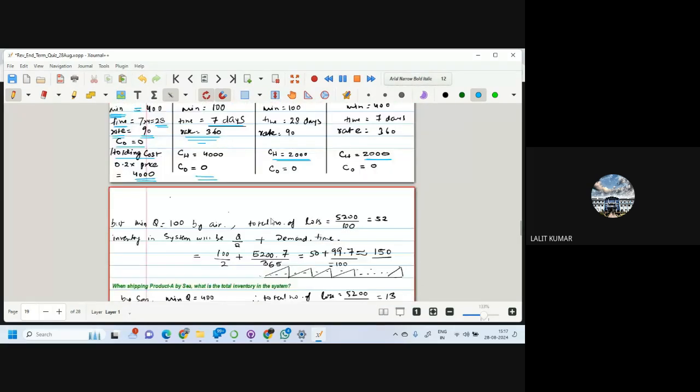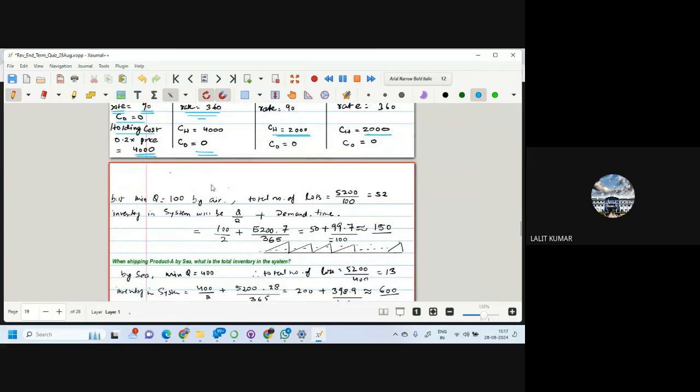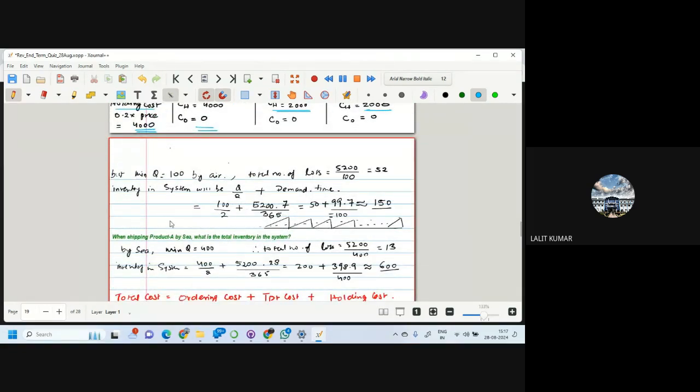The setup is complete. Now the first question is, when shipping product A by air, what is the total inventory in the system? By air we know the minimum Q is 100.